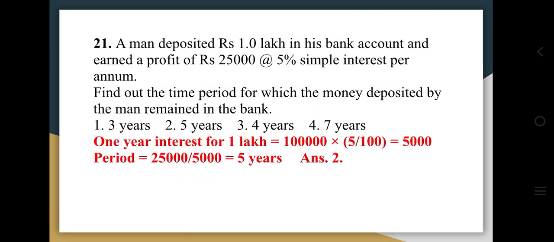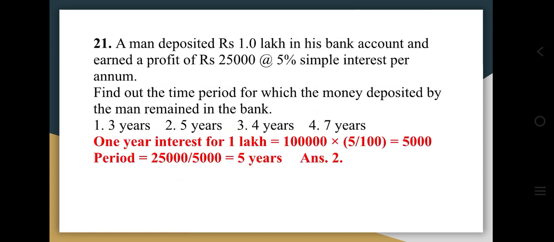A man deposited 1 lakh in his bank account and earned a profit of rupees 25,000 at 5% simple interest per annum. Find out the time period for which the money deposited by the man remained in the bank. So for 1 lakh at 5% rate, he has earned 25,000. We calculate for 1 lakh what is the interest for 1 year at 5% rate.